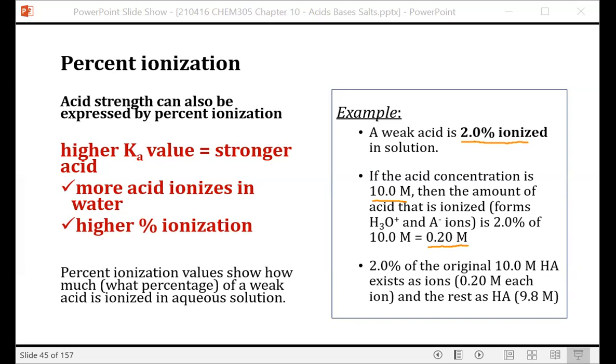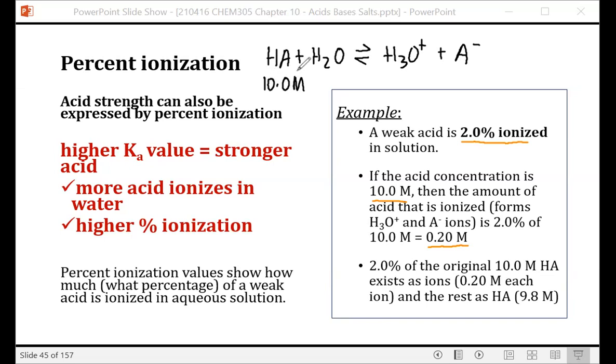So what this means is that in our reaction, HA plus H2O, H3O plus A minus.